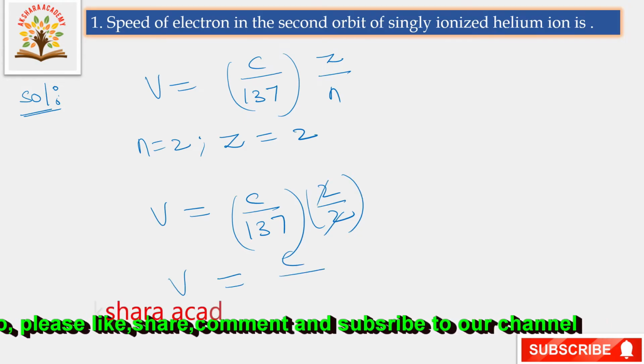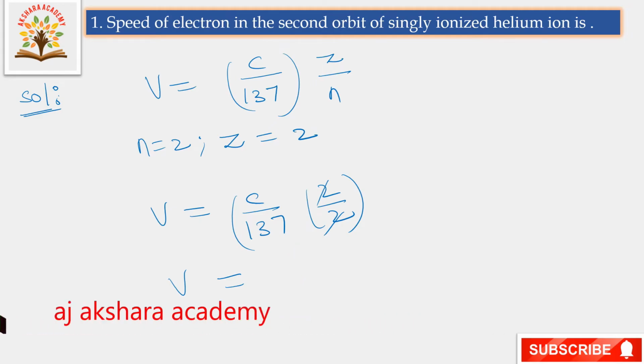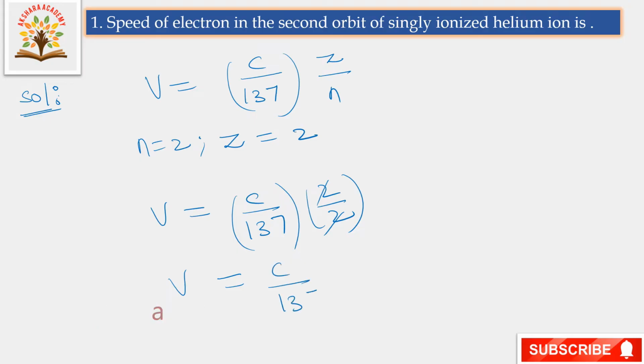So V is equal to C by 137. This is the speed of the electron in the second orbit of singly ionized helium atom. Therefore, V is equal to C by 137.